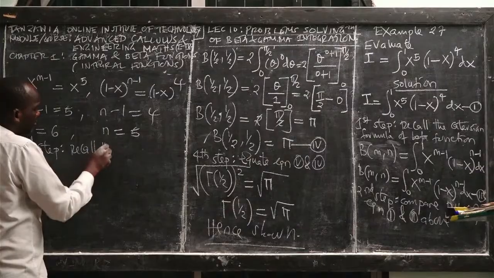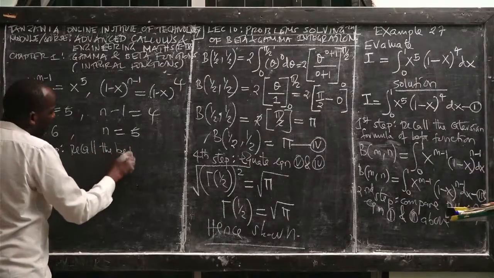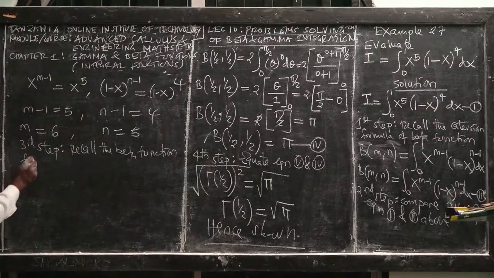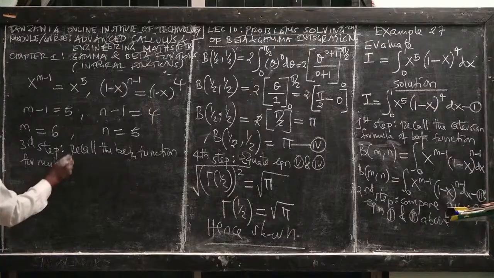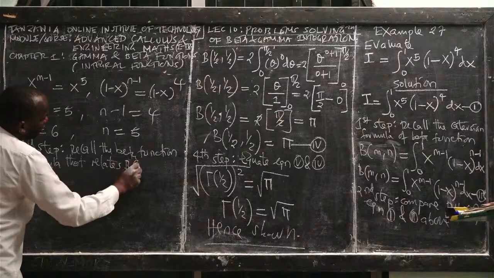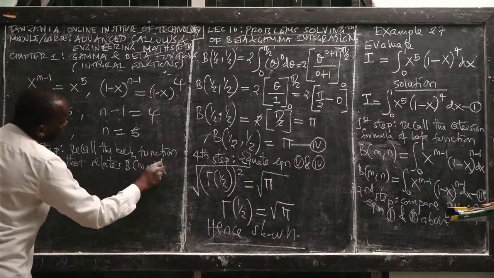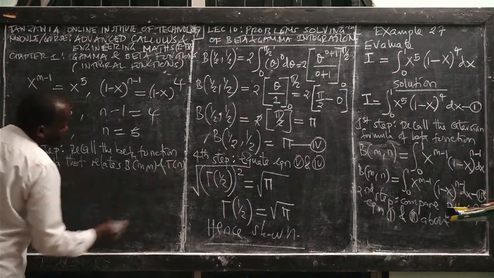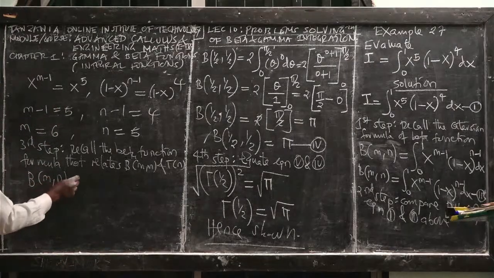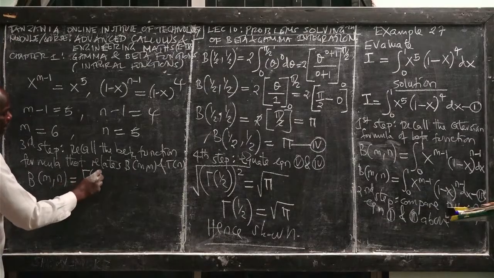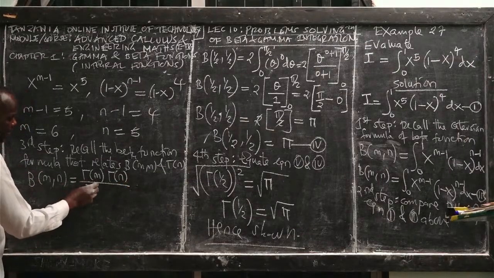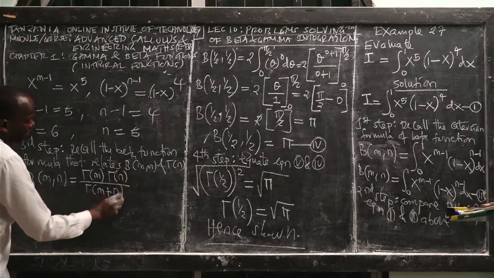Recall the beta function formula that relates beta function, beta of m comma n, and the gamma function. What's that formula? Beta of m comma n is equal to gamma of m multiplied by gamma of n divided by gamma of m plus n.